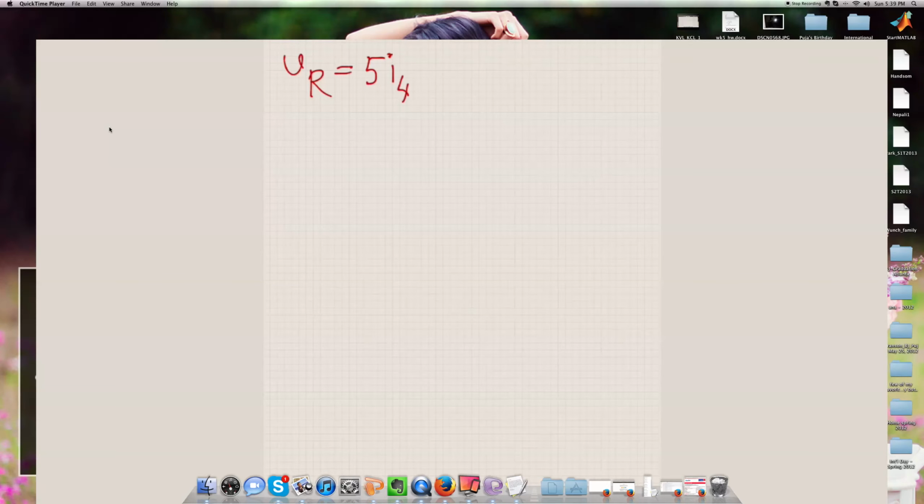And notice that looking at the two meshes, mesh number 1 and mesh number 2, we see there's a conflict between 1 and 2, and it looks like 2VR, which is the diamond current source, is in favor of the direction of I2. In other words, I2 minus I1 is equal to 2VR. But VR being 5I4, we can write I2 minus I1 equals 10I4.